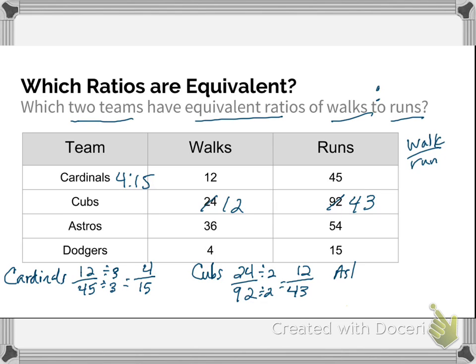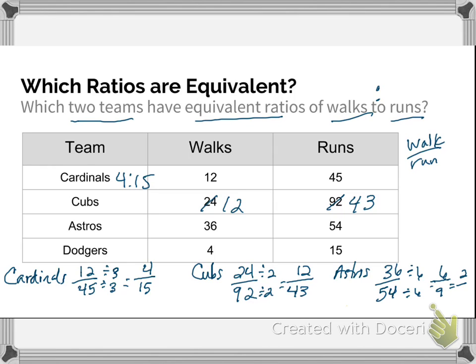The Astros, we'll see if they manage to do well in the World Series. Let's see. I know I can divide by 6 here. And that's going to give me 6/9. Oh, look at that. I can divide again by 3.